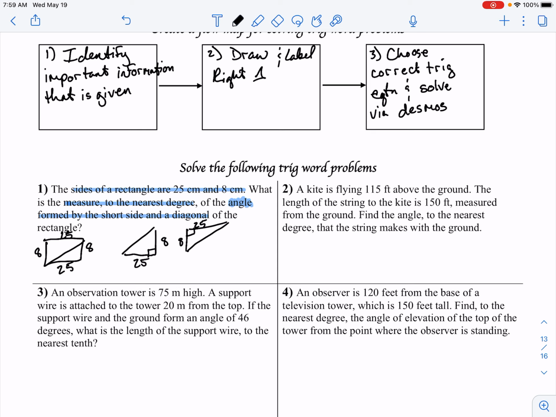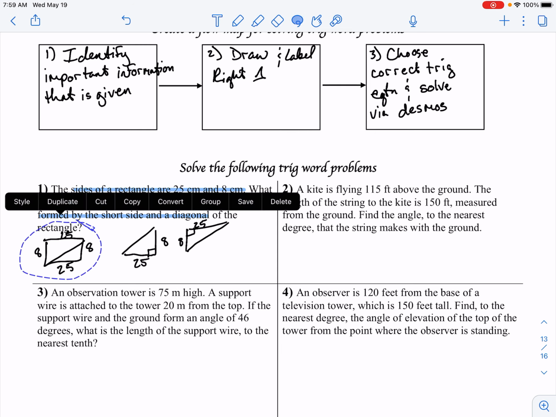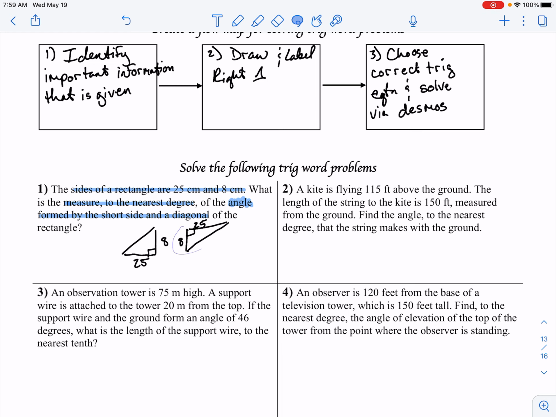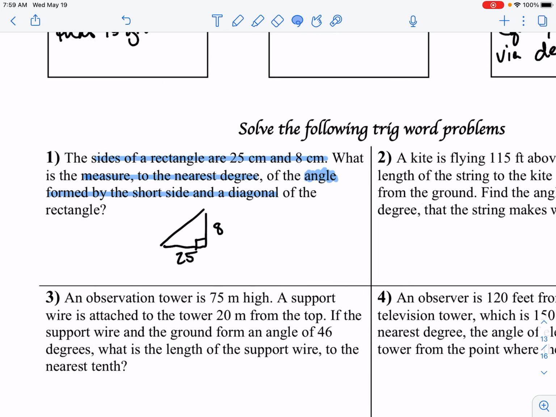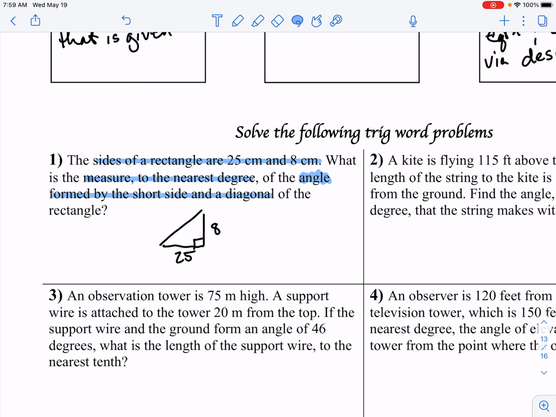Which one we use, it doesn't matter. Me personally, I'm going to use the one on the left. Reason being is that's what we're most often seen picture-wise.